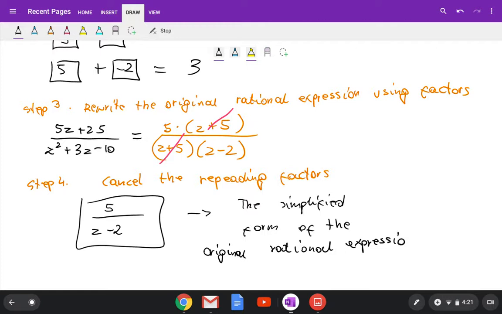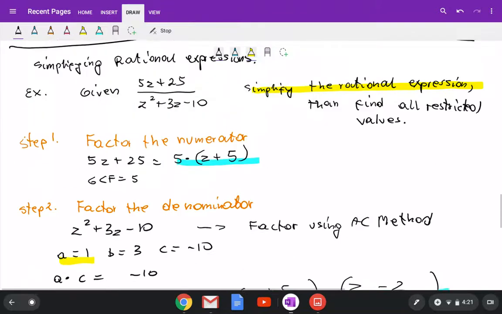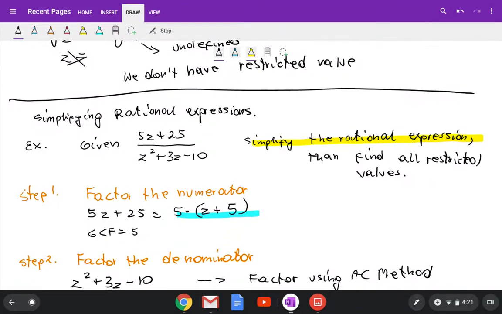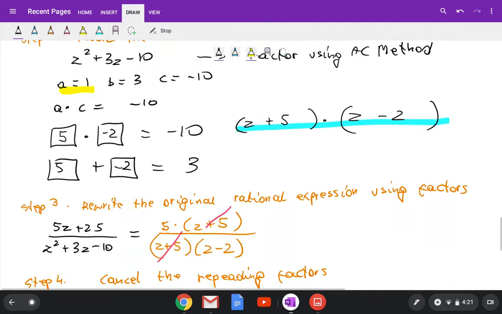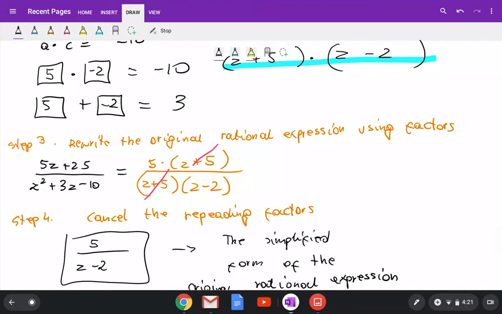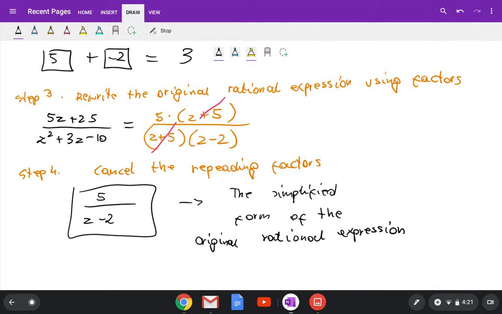I just want to explain that 5 divided by z minus 2 is equivalent to 5z plus 25 over z squared plus 3z minus 10. If you graph them, they both graph the same way. They are the same expression. Since it's a rational expression, like a fraction, you have a ratio, and you reduce the fraction. That's what we're doing. To be able to reduce a fraction or any expression, you need to have a product, a multiplication, and that's what we're doing here.